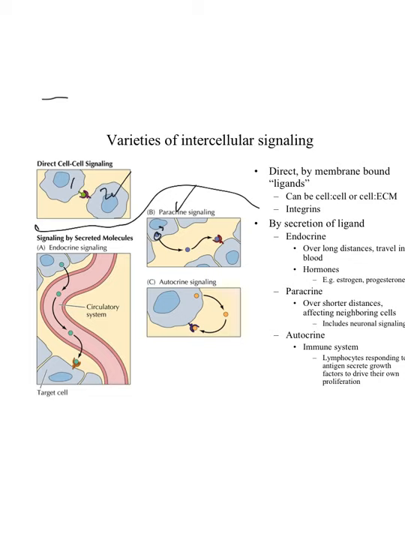It comes through the secretory pathway. It gets released. Now it's in the extracellular space, and it travels over a short distance, typically following a diffusion gradient, until it finds a receptor to bind to on a neighboring cell, and then induces that primary transduction event, and then causes some effect in the receiving cell.